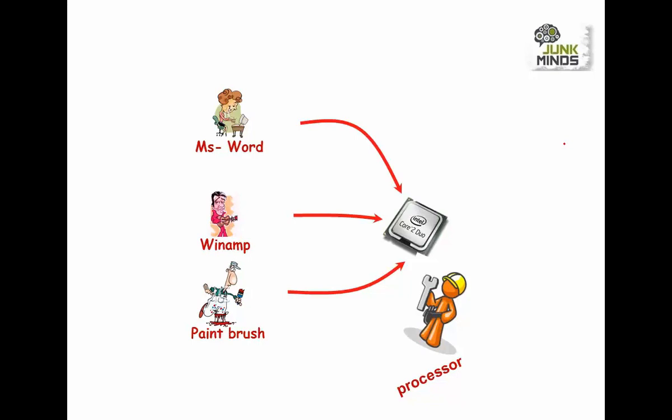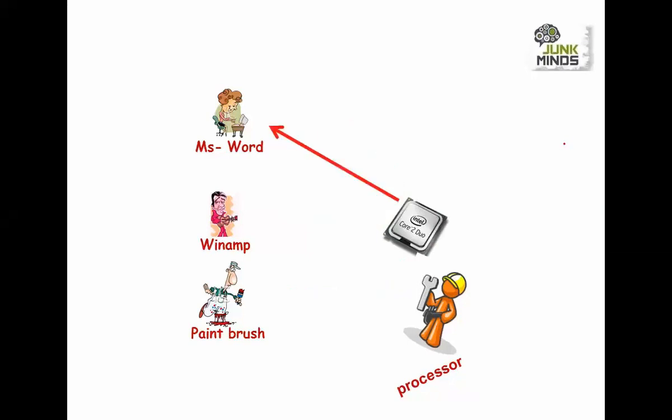Now please understand this. For ensuring that multiple threads run parallel on the computer, the developers came up with the idea of time sharing. Now, what do you mean by time sharing? It is not possible for your processor to actually support all these applications at one go. When you're executing these applications, they are actually in a queue.